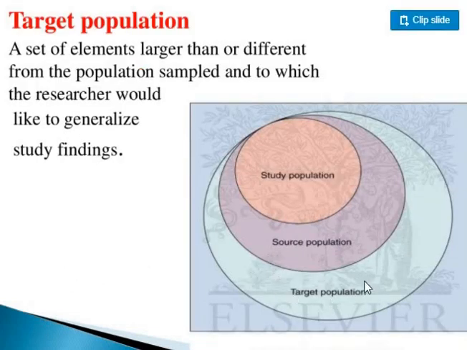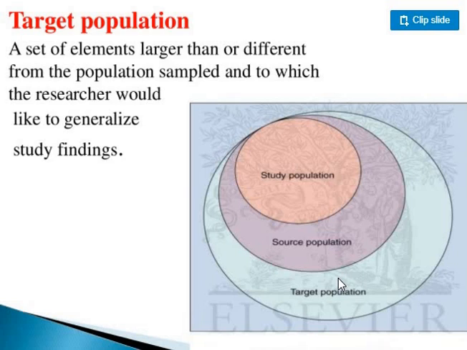Now let's see what target population means. The target population is the largest portion. It is a set of elements larger than or different from the population samples, and to which the researcher would like to generalize the findings from a study.